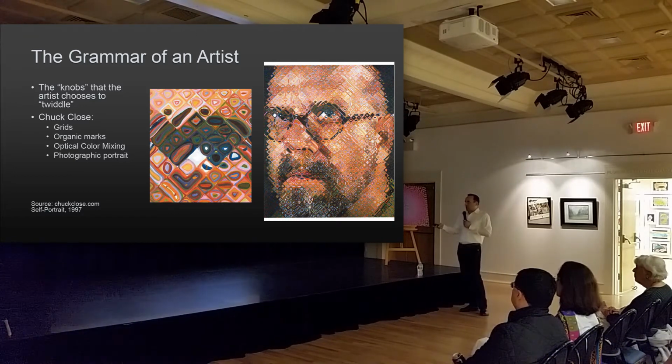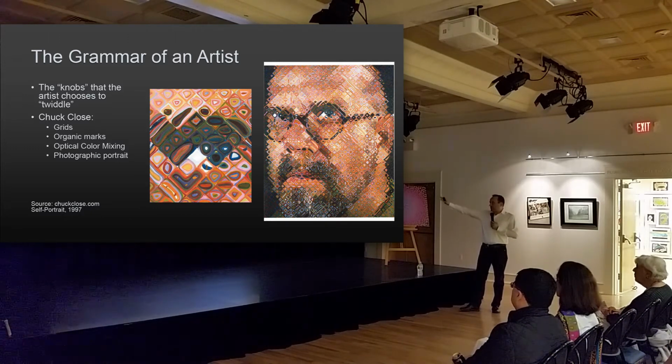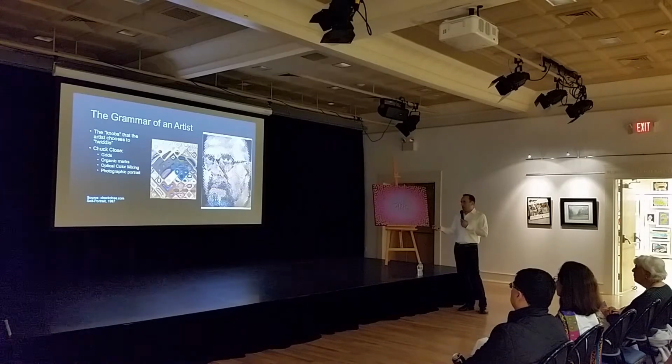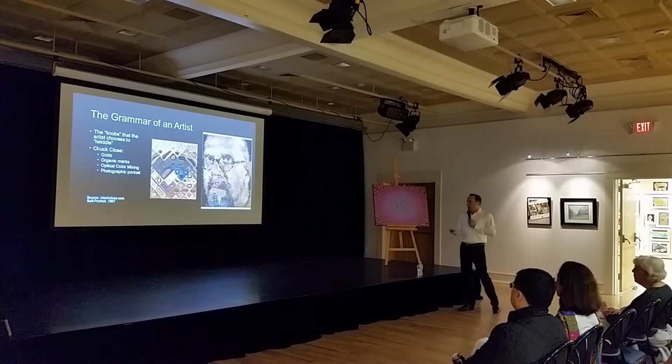So for instance, with Chuck Close, we think of the knobs as being grids, at least in his most iconic portraits, these organic little abstractions that he paints within each cell of the grid. He uses optical color mixing in a very intuitive way for him, and he works from photographic portraits.